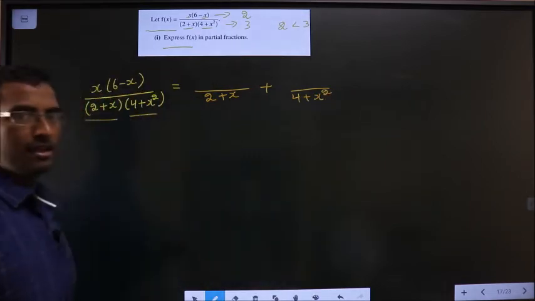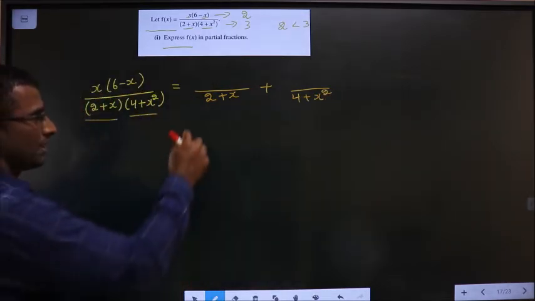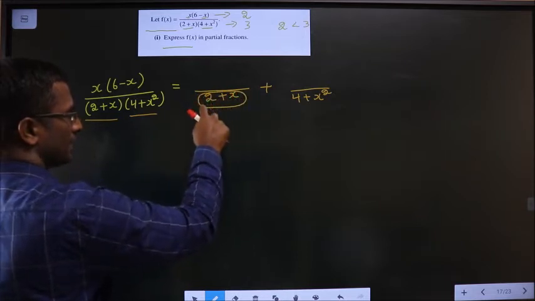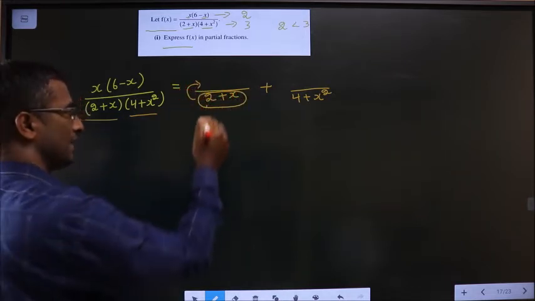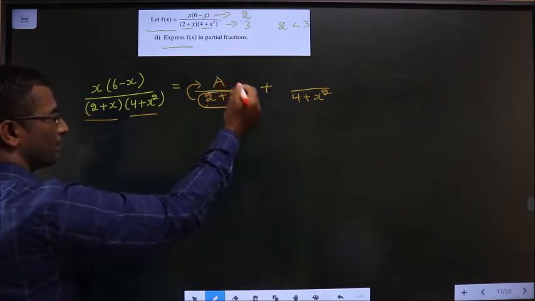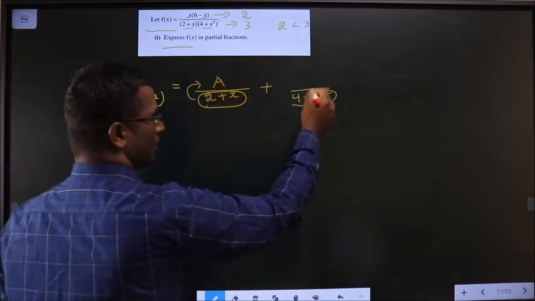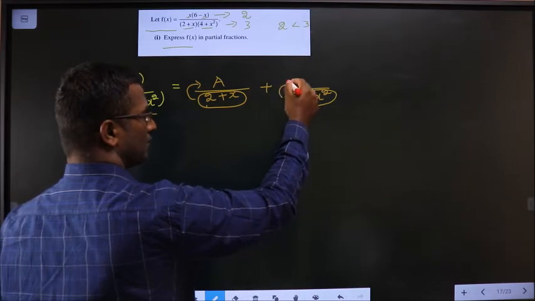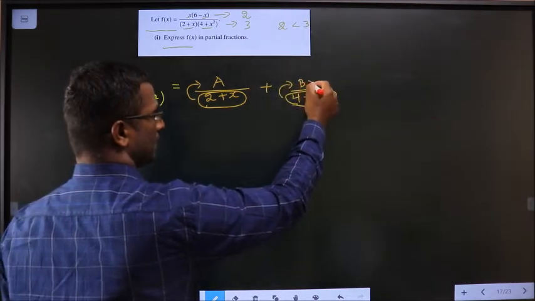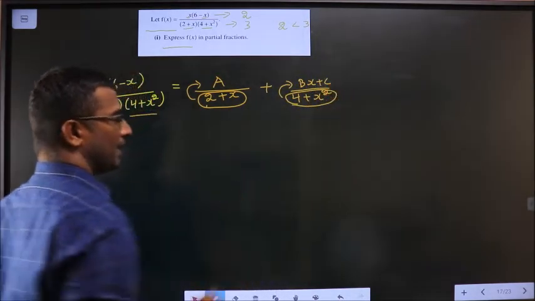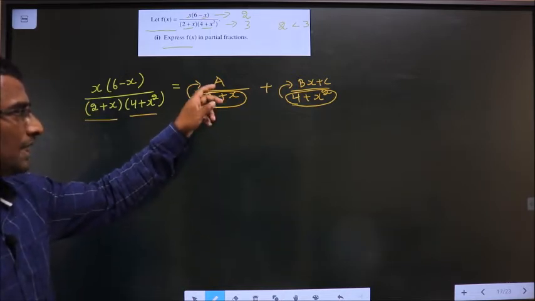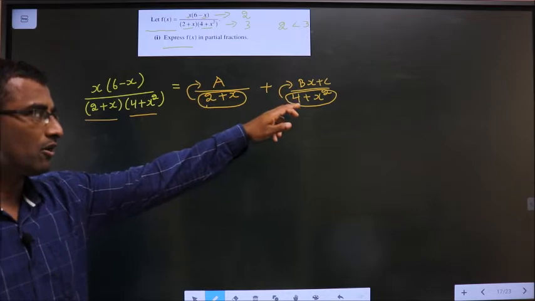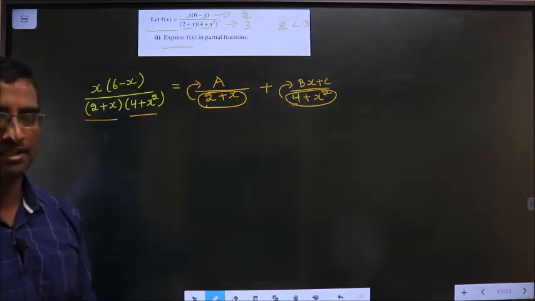Okay. After that, this is a linear expression, so the numerator should be a constant. So let us say a. And this is a quadratic expression, so the numerator should be linear. So bx plus c. It is a rule, man. If this is linear, the numerator should be constant. If this is quadratic, the numerator should be linear.